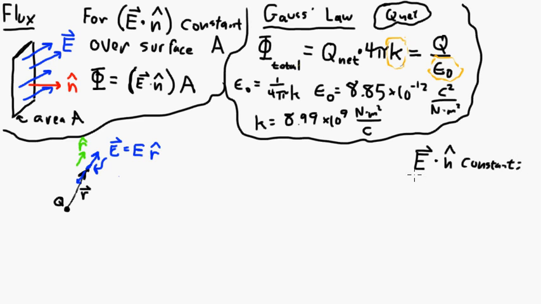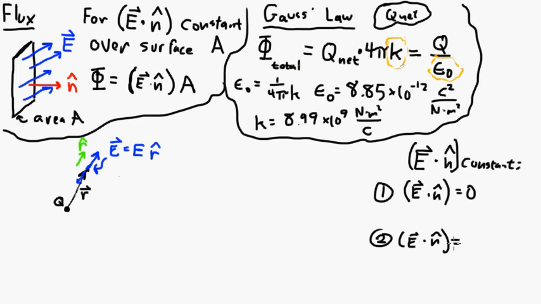So what are the different ways that this expression can be constant? Well, there are basically two possibilities. One possibility is that E dot n hat equals 0. And the other possibility, this will absolutely shock you, I'm sure, is that E dot n hat equals something that's constant, but not 0. So let's look at these two possibilities.